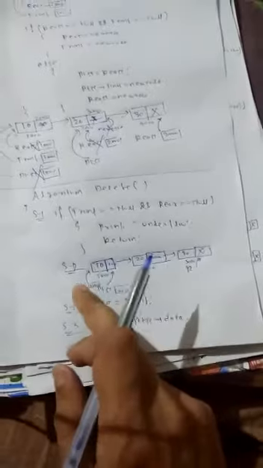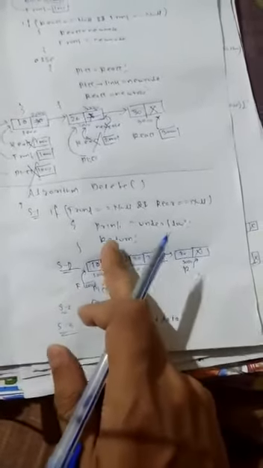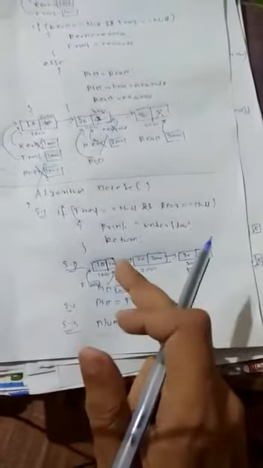Then you have to check whether any special condition can happen. Yes, if there is one element in the queue, that means front equal to rear. If you delete that element, then both front and rear become null.